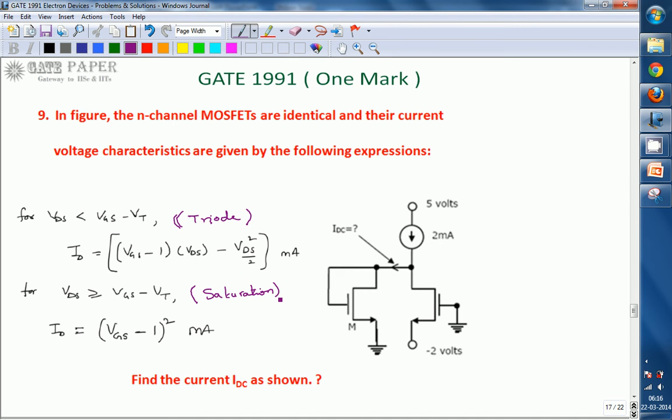First of all, we must know whether the transistors are in triode region or in saturation region. Then only can you apply the equations.